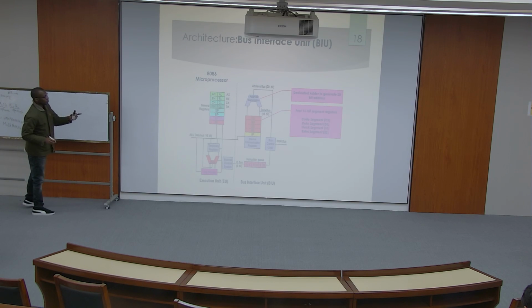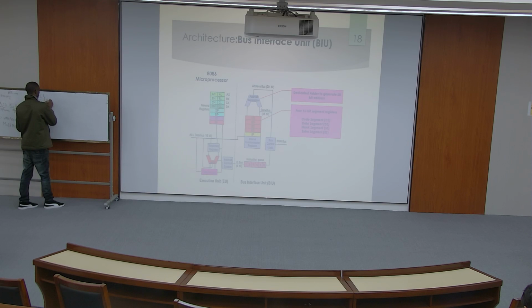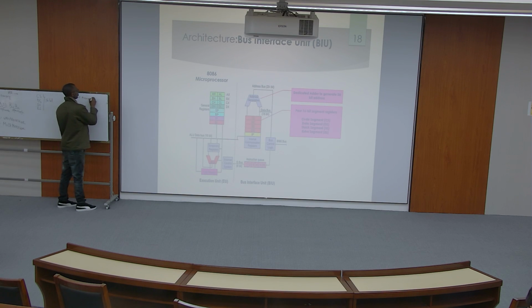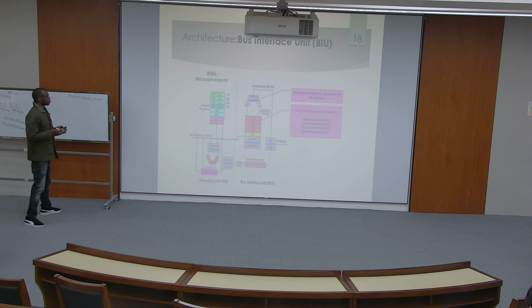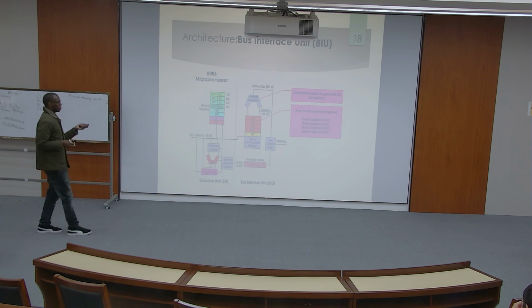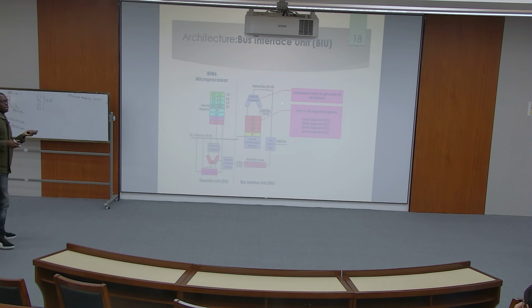All these segments are 16-bit. Physical memory for the 8086 microprocessor, if you still remember, is 20-bit. Now we need this address generation to find out the memory location wanted by each of these segments to get a 20-bit memory address.